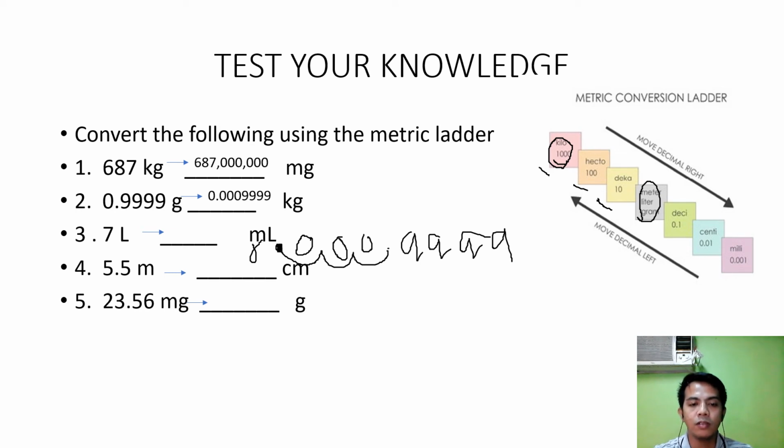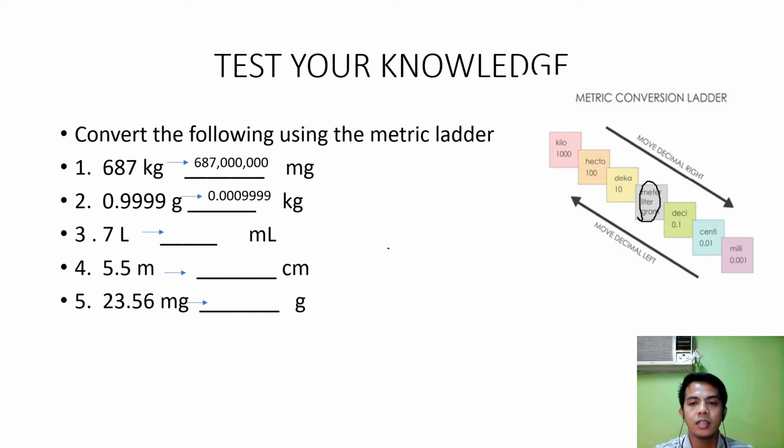So how about number 3? So number 3, 7 liters to milliliters. Liters, here it is, milliliters. So we need to move downward. Then count 1, 2, 3.